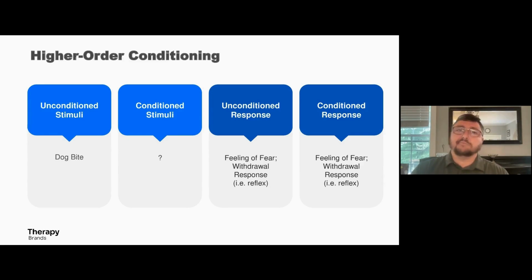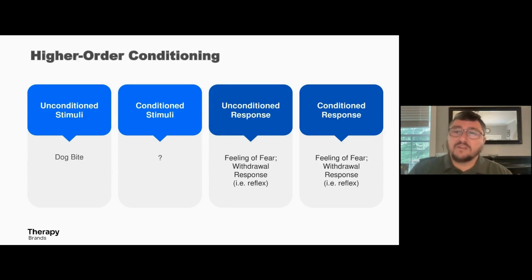But that doesn't explain why a client who was abused by her father has a man she's never met elicit the fear response. A man who doesn't look like her father, or maybe even a paperclip, elicits the fear response. A paperclip has nothing to do with the father. They don't look the same. Generalization there doesn't work.